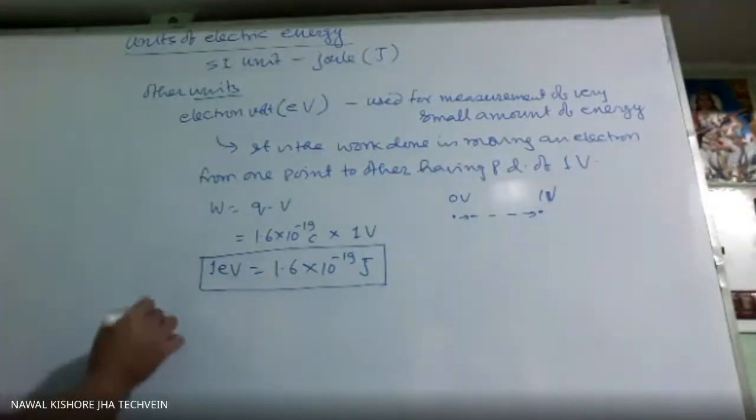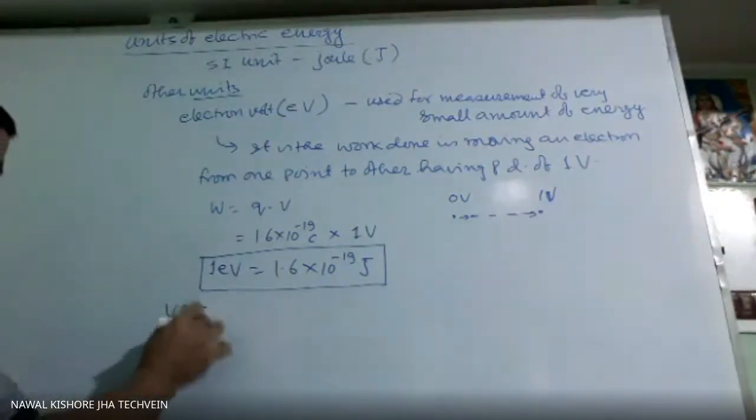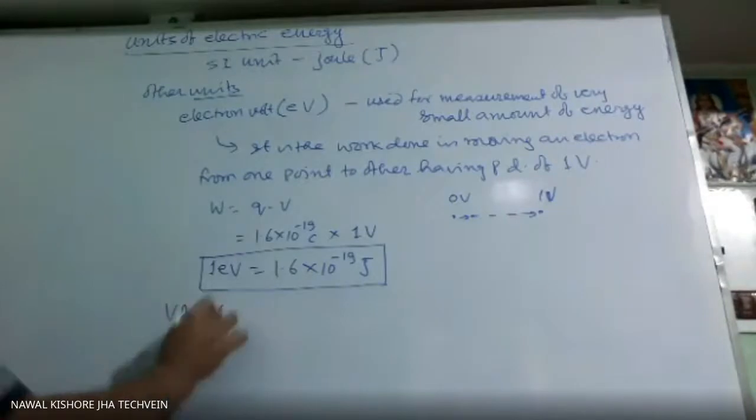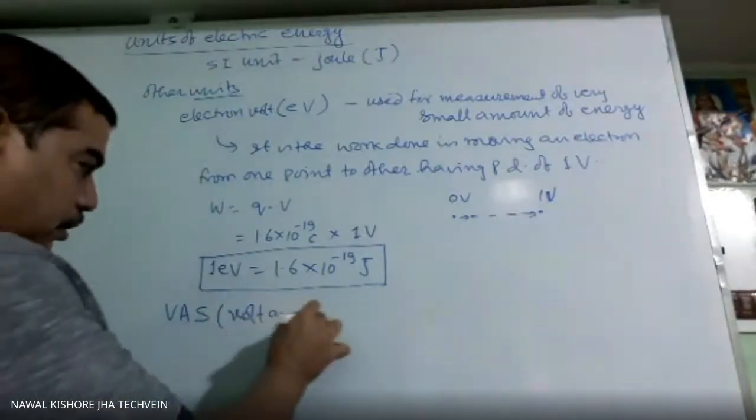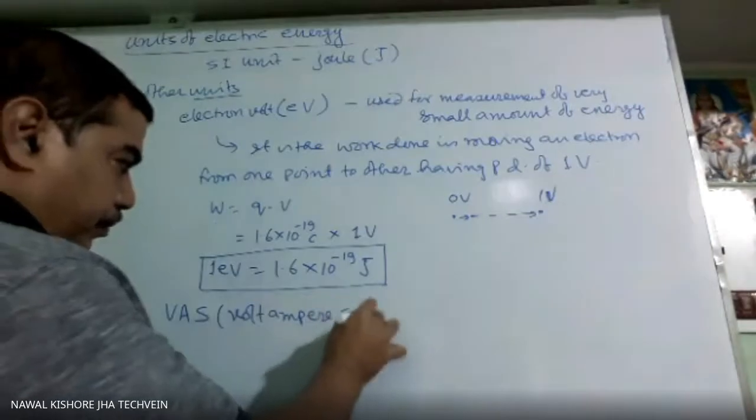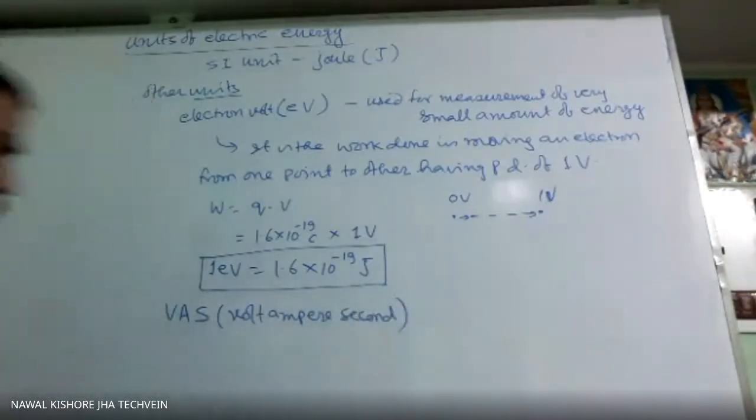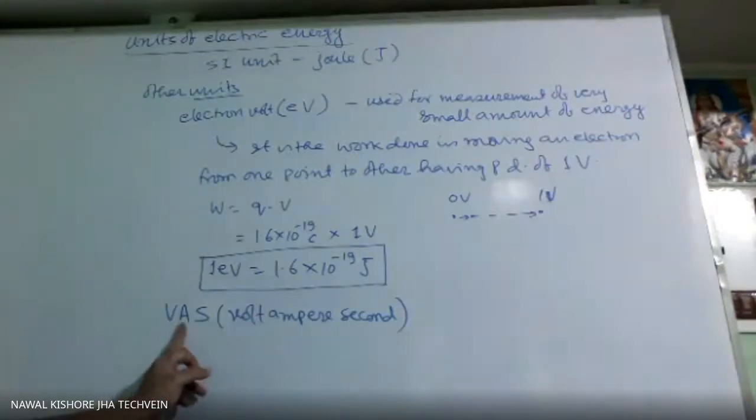Now the other is volt ampere second, VAS. Volt ampere is watt, into second, that is joule.